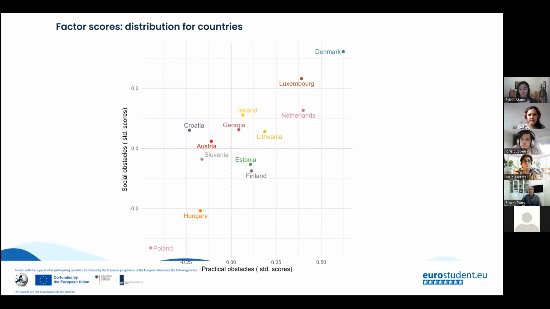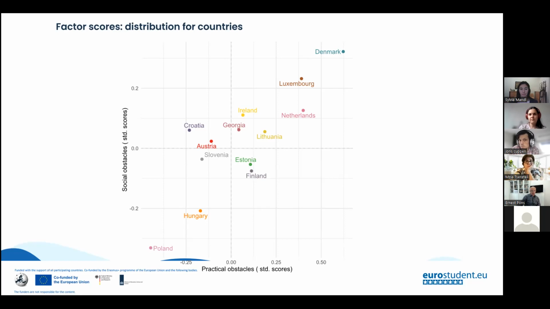And on the y-axis, you see the social obstacles. A higher score could be counterintuitive, but in this graph, the higher score means that they are less of an obstacle. So in the top right, you see the Danish students. They have fewer practical obstacles and fewer social obstacles, whereas for Poland, it goes the opposite. They report more practical and more social obstacles.